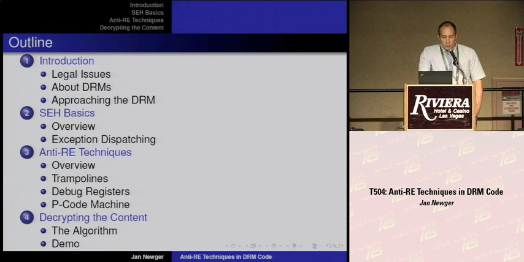We'll see some details on exception handling under Windows on operating system level, and we need this background knowledge in order to understand all the techniques I'm going to present in Chapter 3. Chapter 3 is probably the main part of the talk and deals with various anti-reverse engineering techniques and how to overcome them. And finally we have a demo, and that's it.